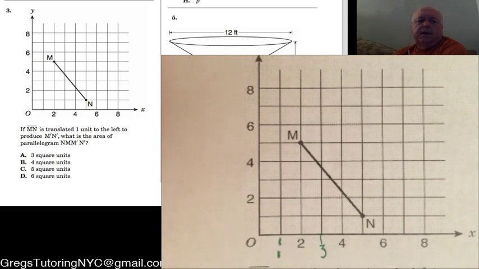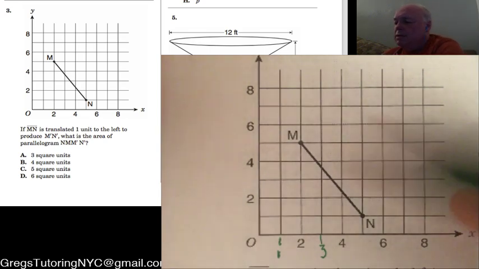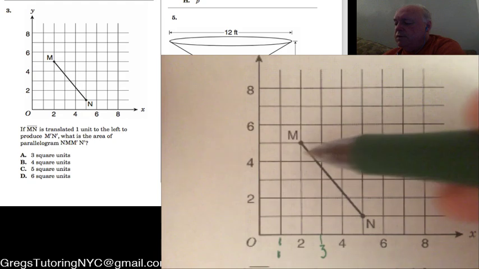It says, if line segment MN is translated 1 unit to the left to produce M prime, N prime, what is the area of the parallelogram N, M, M prime, N prime? Okay, so what are they even talking about here? So they're talking about taking this whole line segment here and shifting it over 1.